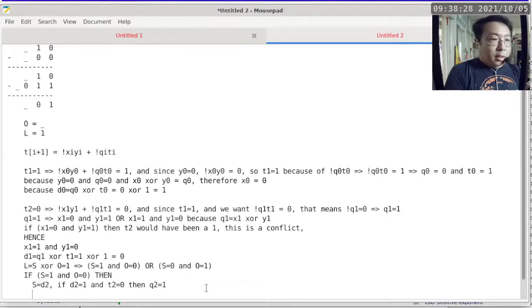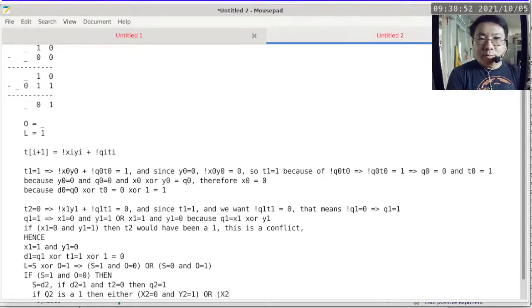All right. So getting back here, now I know Q2 is a 1, and if Q2 is a 1, then we know either x2 equals 0 and y2 equals 1, or the other one, which is x2 equals 1 and y2 equals 0 in this case.